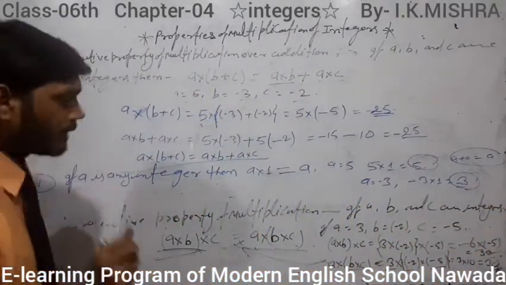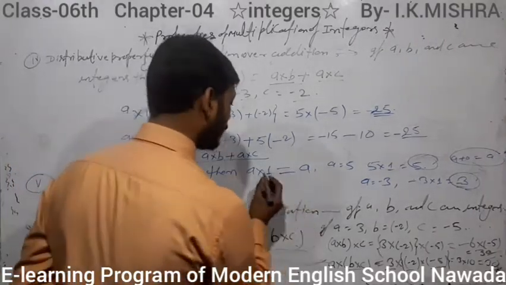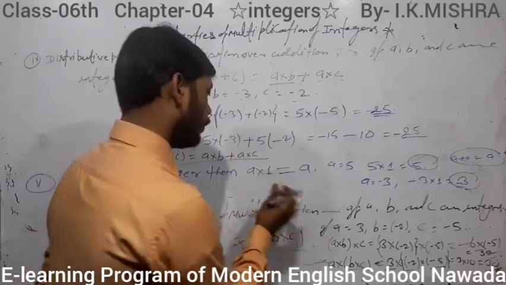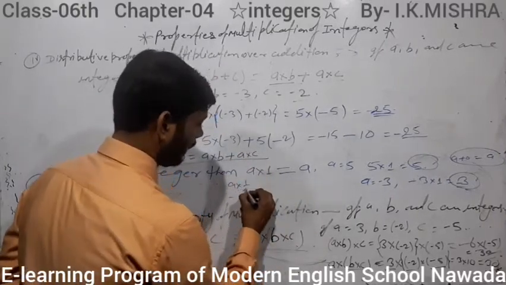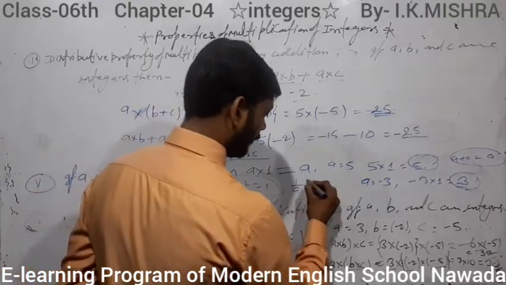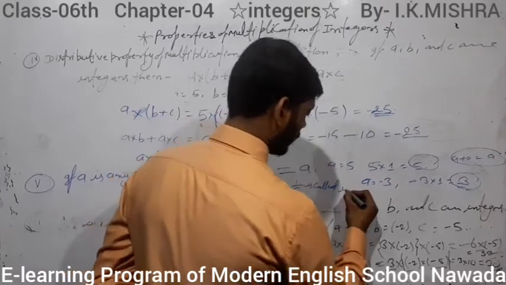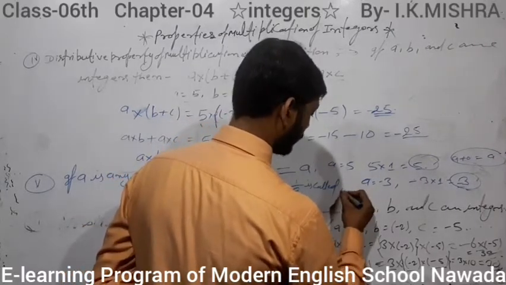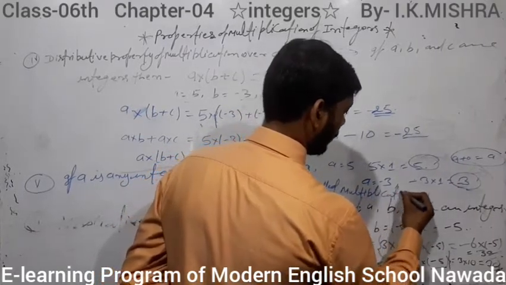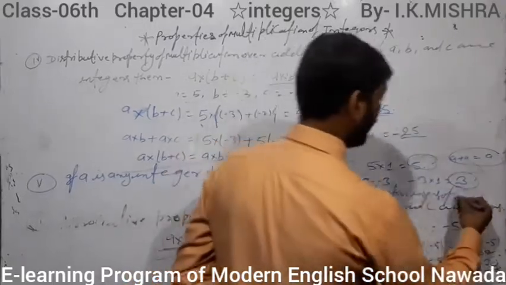Students, always remember, in integers, a into 1 by a is equal to 1. So students, here 1 by a is called the multiplicative inverse of a.